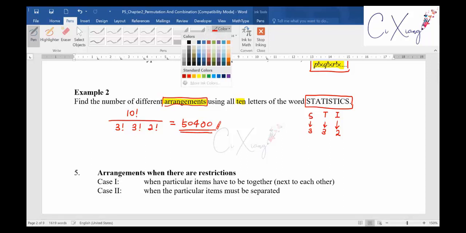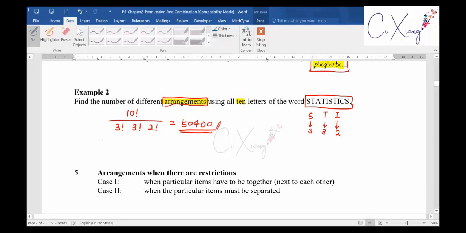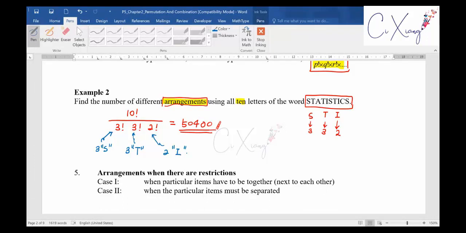Maybe you can put in some small detail like this. You have 3 S, therefore you have to divide by 3 factorial. Because you have 3 T, you also divide by 3 factorial. And for this case, it is for 2 I. In general, in your question, as long as you see something identical, or something with no difference, you have to apply this formula.